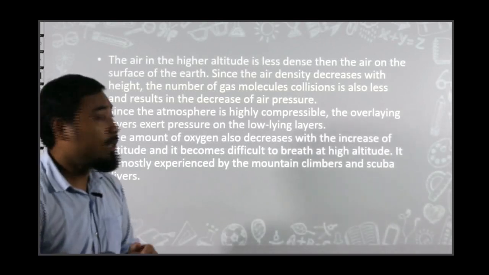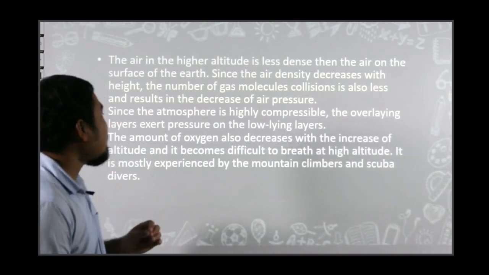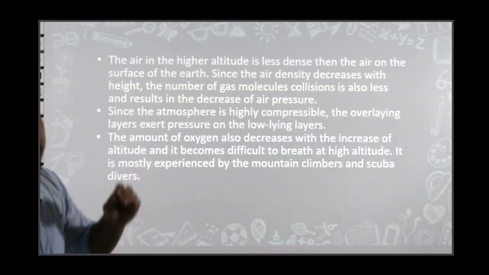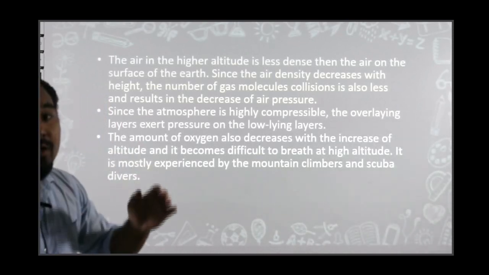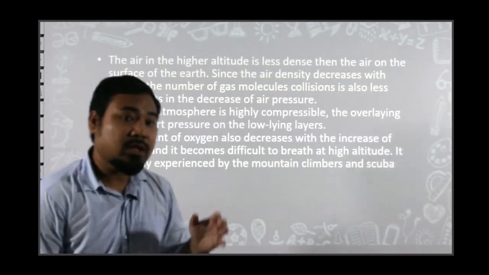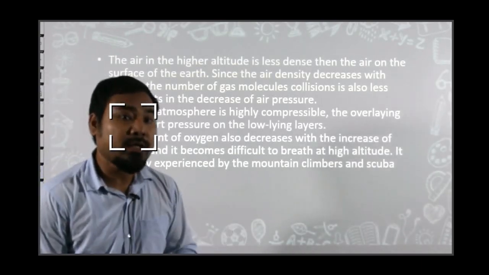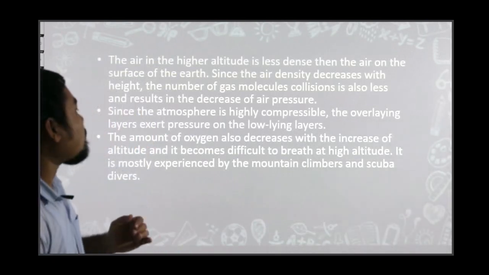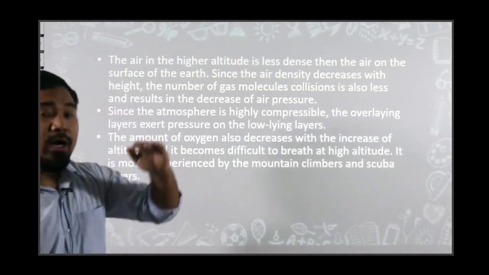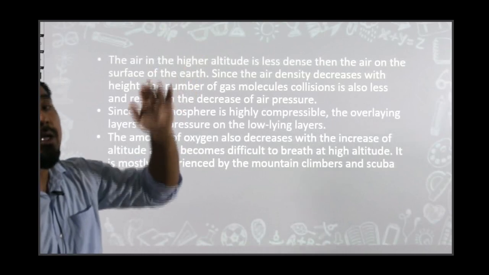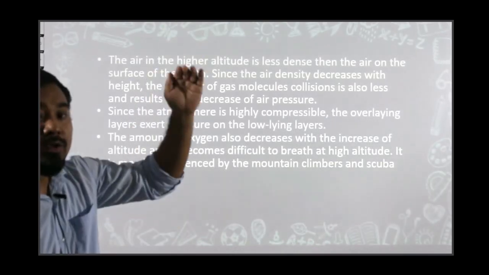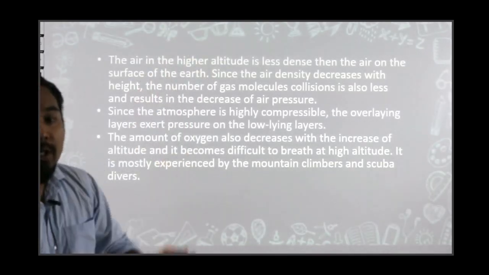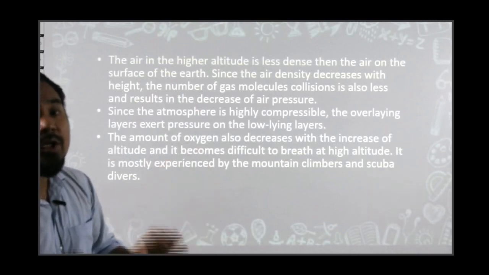Since the air has lesser density, the pressure will be less at high altitude, whereas the air on the surface of the ground has more density, so it will have more pressure. That is, when you go up, the pressure reduces. When you come down to the sea level, the pressure increases.